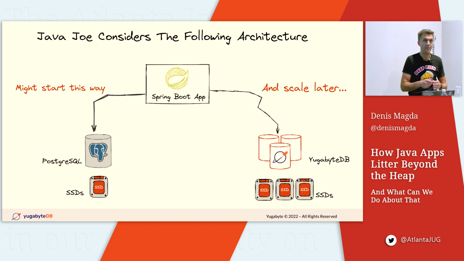He needs to scale the application level. He needs to scale the database level. And this is why he considers YugabyteDB. This is why when he came up with this architecture, he wanted to check and test both technologies to see what happens when he runs his application on top of these databases and on top of those SSDs. As a disclaimer, this talk is not about what is better, PostgreSQL or YugabyteDB.